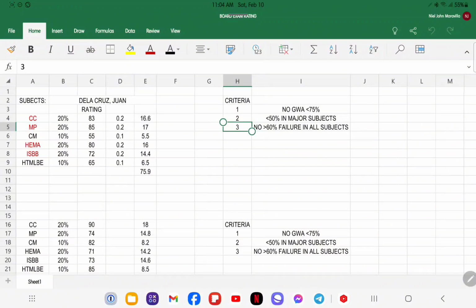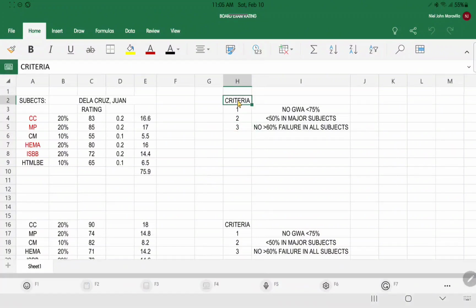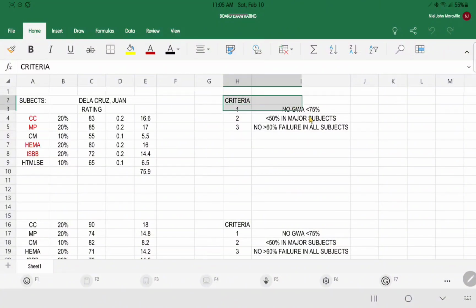In Section 19, you can see there are three criteria, which tell you why an exam taker passed or failed.